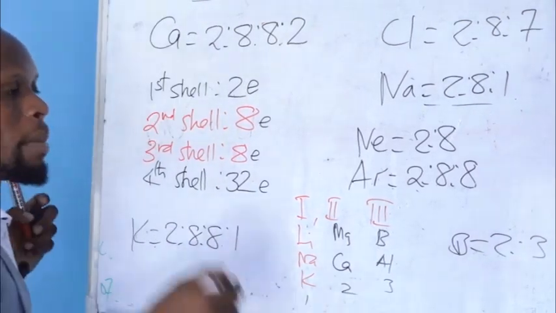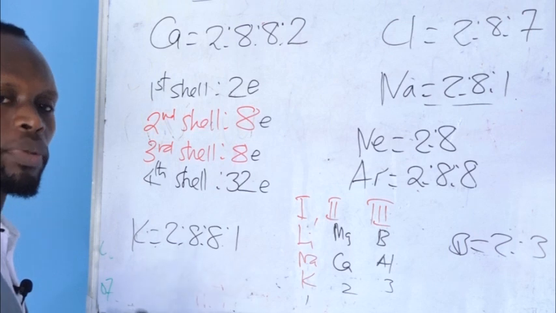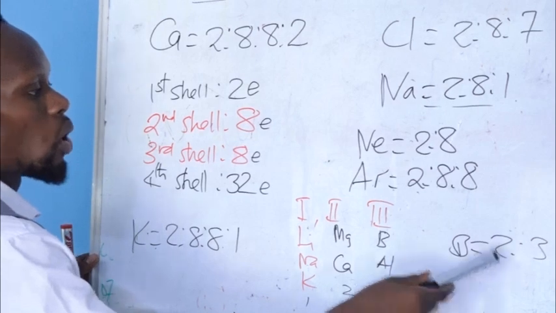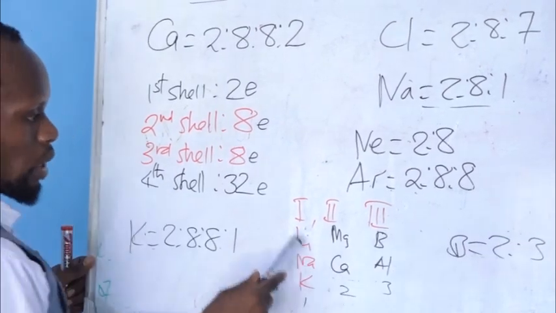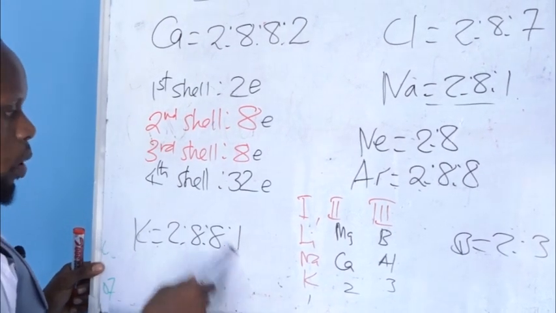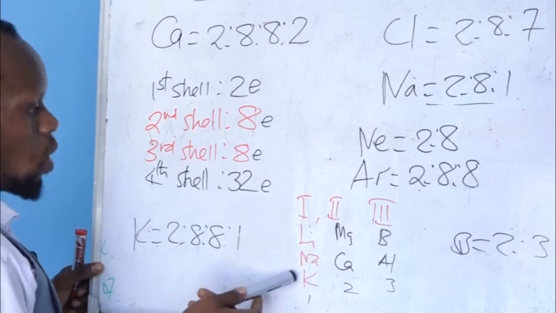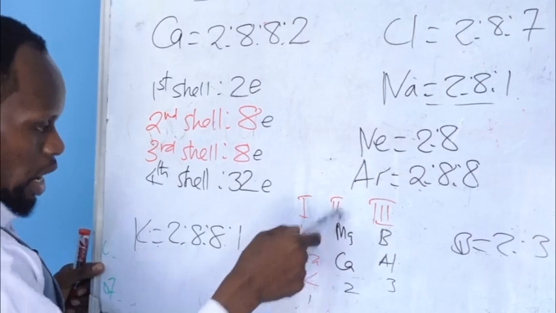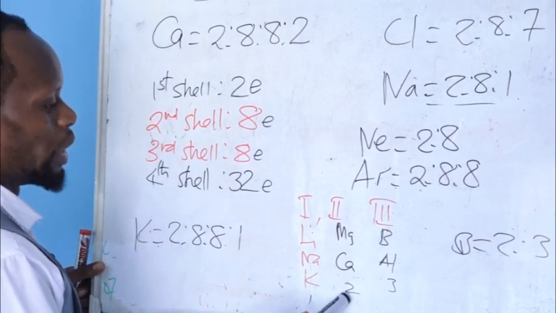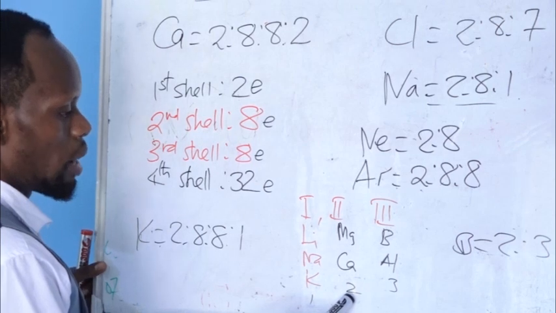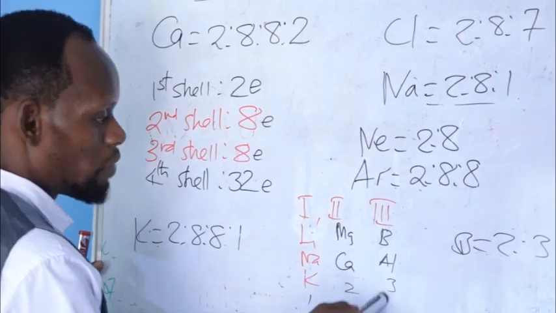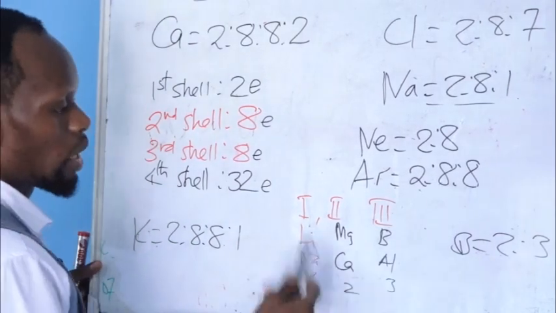You see? So metals in group 1, group 2, group 3 are unstable. Group 1 either loses this 1 electron or gains 7. In group 2, either we need 6 or we lose these 2 so that it becomes stable. In group 3, either we need 5 or we remove these 3 so that it becomes stable.